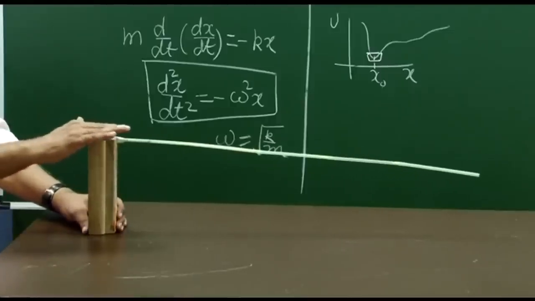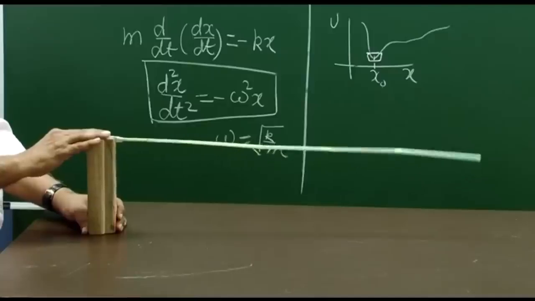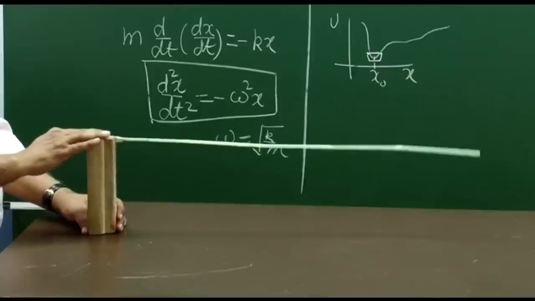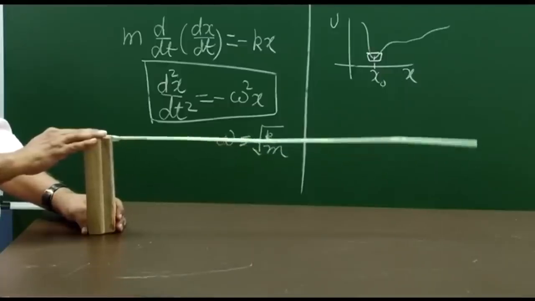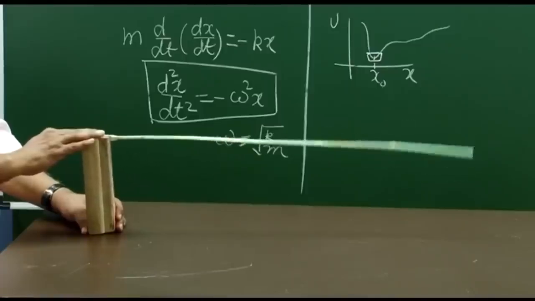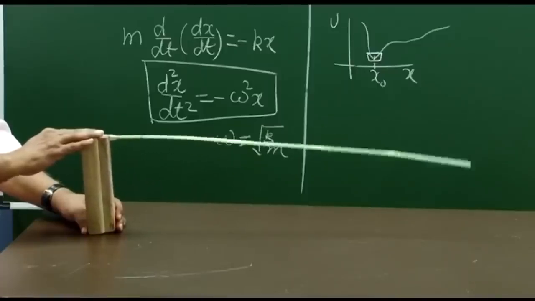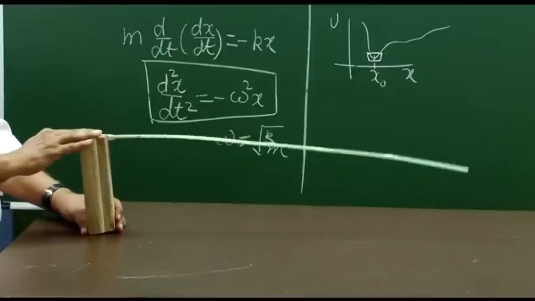And now I will go with an intermediate frequency and you see what happens. Look at the amplitude of the tip of the straw, and look at the amplitude that I am giving at my finger. I am moving my fingers in a very small amplitude, but you see a large amplitude appearing at the other end of the straw.